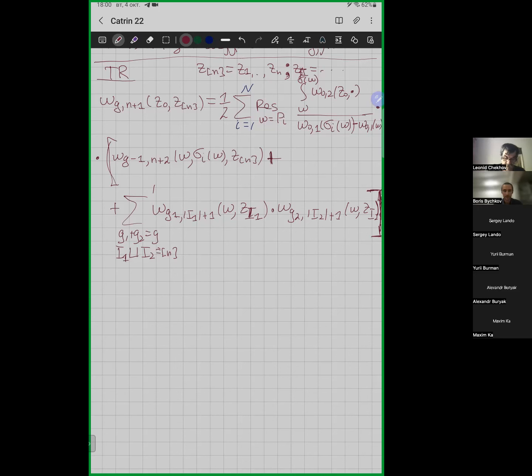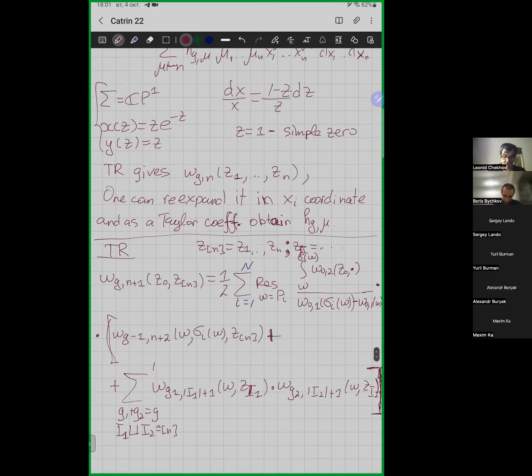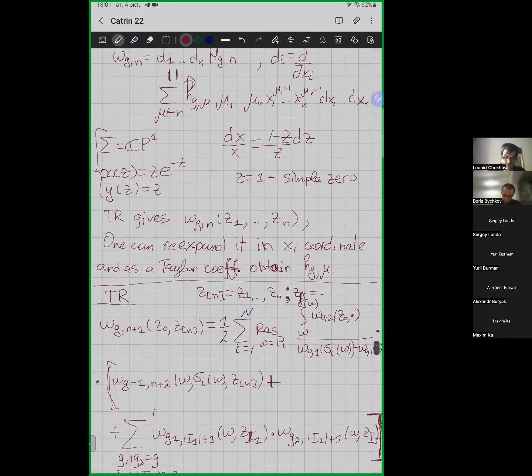If we're thinking of x of z, you may think of it as follows in this example of simple Hurwitz numbers.